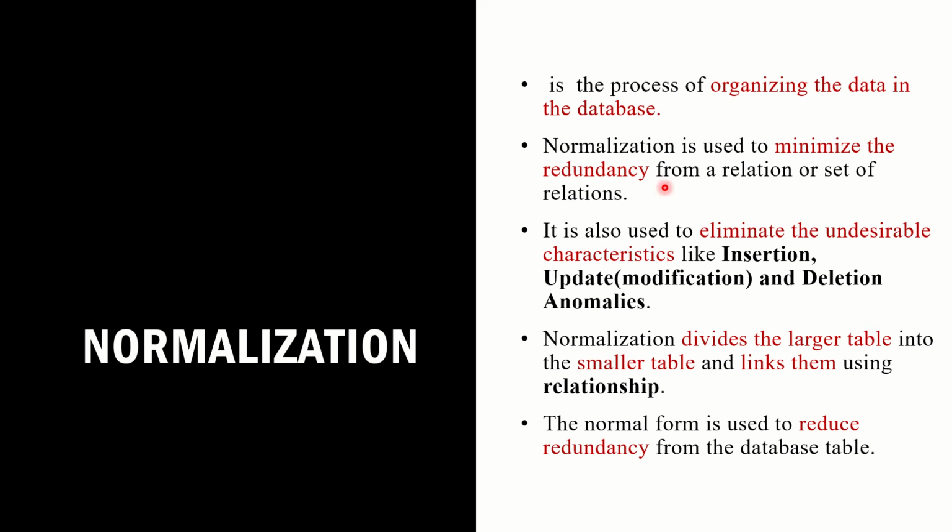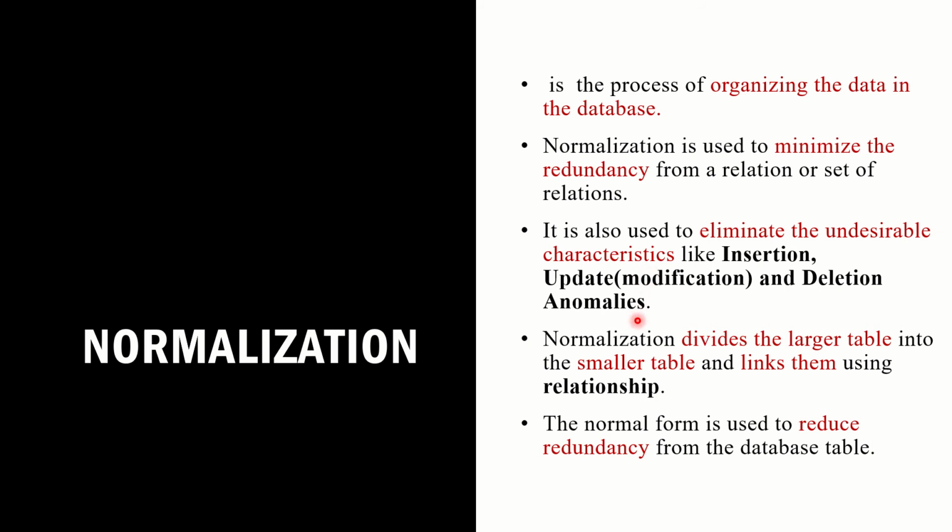And the main purpose or objective of normalization is to minimize redundancy. That is, minimizing redundancy means we have to avoid duplication of data in different tables, different relations. The second goal of normalization is to eliminate undesirable characteristics like different types of anomalies.